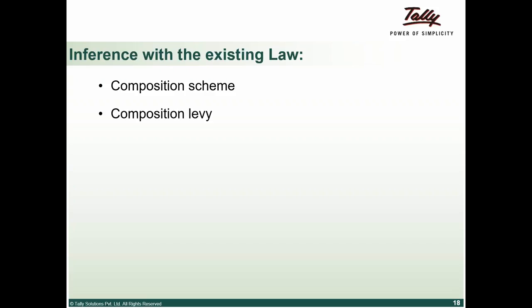Currently the composition levy is somewhere between 1 to 2% under various laws, and the current draft law does not specify the rate of composition levy, but it says that it cannot be less than 1% of the total turnover of the composition dealer for the given month or period, right? Since it's a quarterly return, it is generally going to be for every quarter. But there is no specific rate that has been specified yet.